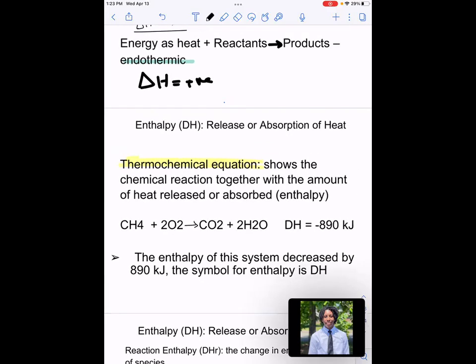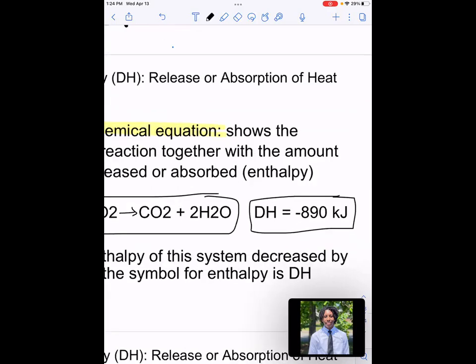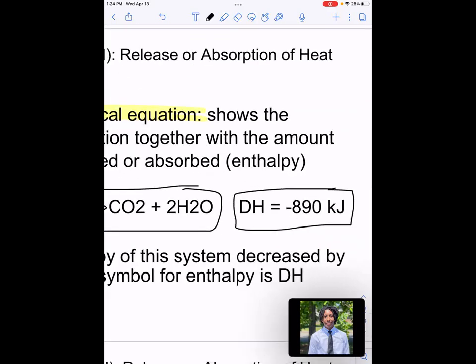The delta H for this reaction is negative 890. That means this is an exothermic reaction. It's going to release energy, and the heat of the system is decreased by 890 kilojoules when that energy is released. So the thermochemical equation is the equation itself plus the delta H, or the amount of heat that was released or gained by the reaction.